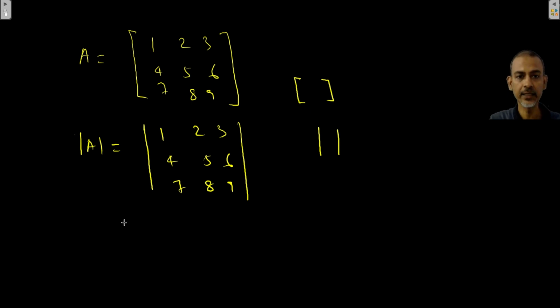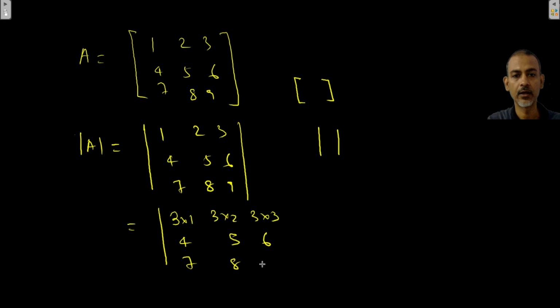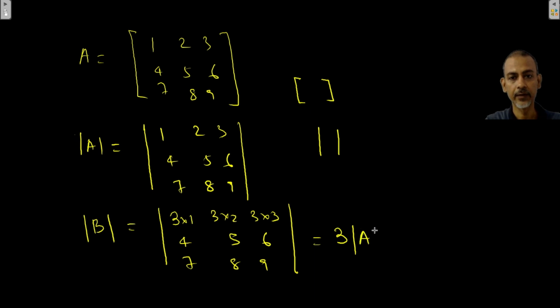So in this case, say I multiply an element by 3 over here, assume that I am multiplying 3 inside, so 3 into 1, 3 into 2 and 3 into 3, and I am writing 4, 5, 6 like this and 7, 8, 9 like this, right? So this will be nothing but you can just take this 3 out as well. If you call this determinant B, the relation between A and B would be that B is 3 times A, alright.